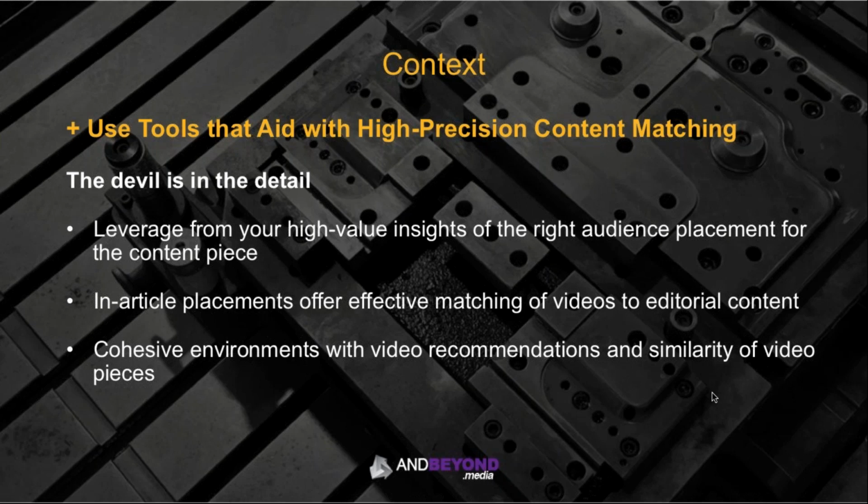Creating cohesive environments with video recommendations and similarity of video pieces. A ton of people would like to be recommended videos based on what they are browsing, based on the tags of the videos that they've been watching, or based on what they're interested in from the past, the amount of videos they watched or the time they watched it.